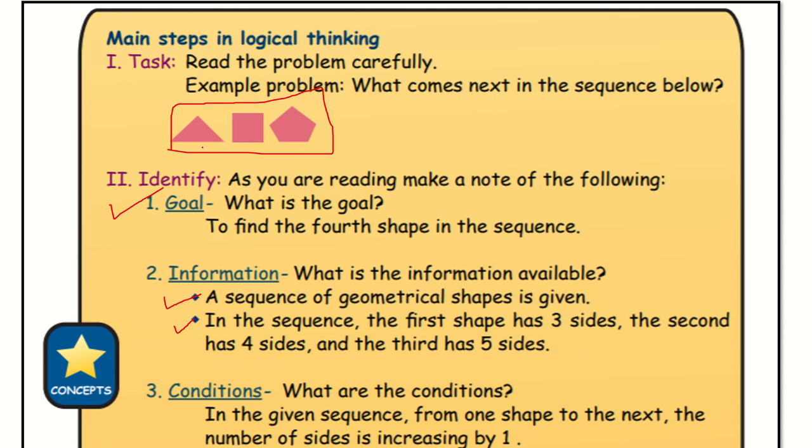When we look at the sequence of the shapes, we come to know that the first shape has three sides, the next shape has four sides, and after that the shape has five sides. That means when we are moving to the right, every shape has one more side than the previous shape.